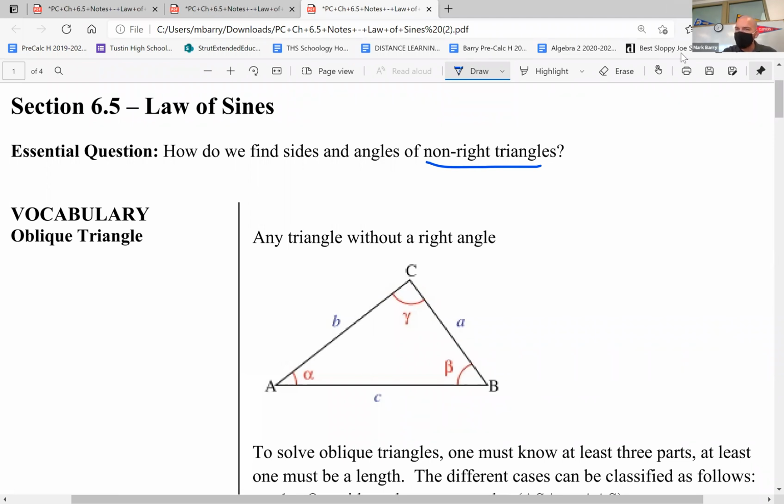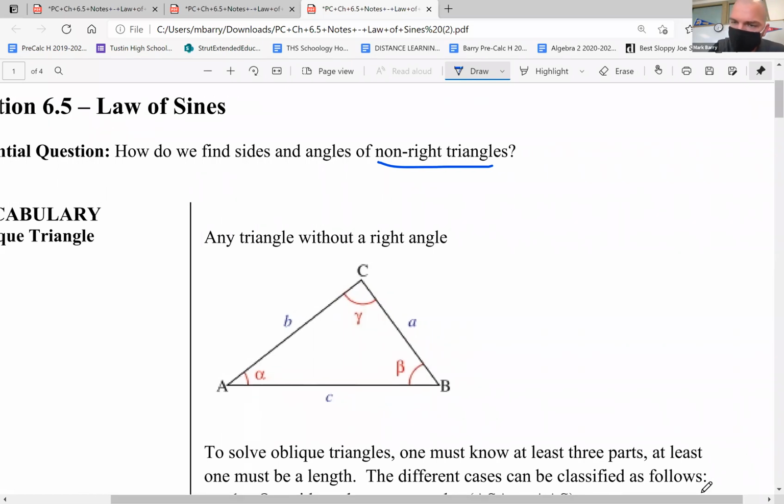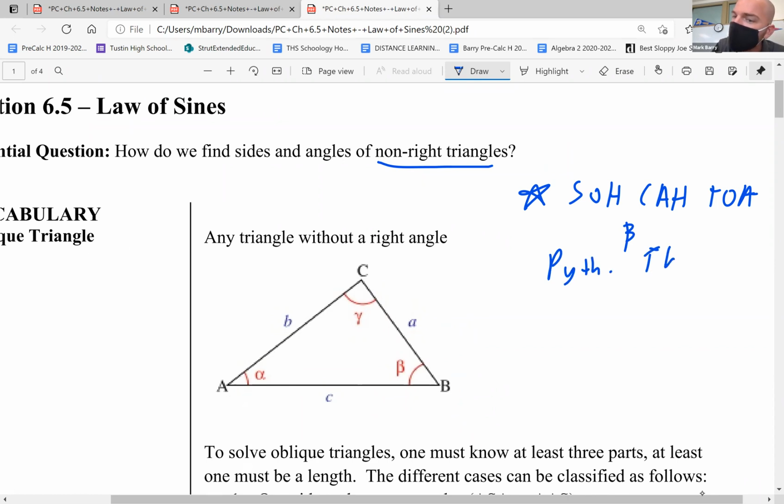So we should probably make a quick note here off to the side. Side note here: SOHCAHTOA and Pythagorean theorem, both of which we love, but they're only for right triangles.